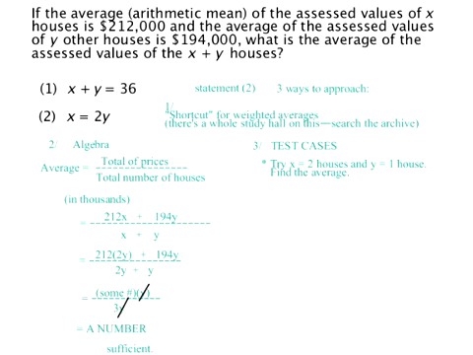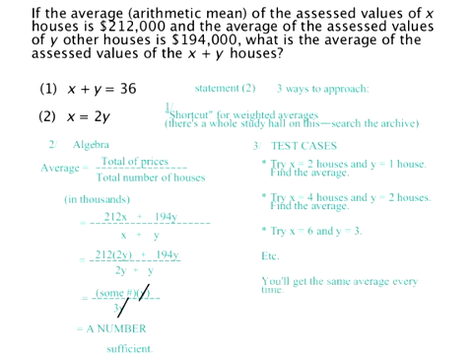Try x is 4 houses and y equals 2 houses, then find the average. Try x is 6 and y is 3, etc. I mean, you'll notice that you'll get the same average every time. So this is going to be sufficient, and so the overall answer here is going to be B. So there it is.